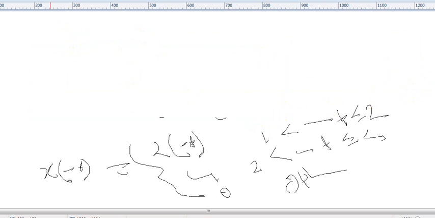To evaluate this function, we make x of t equal to minus 2t, as t is multiplied by minus.